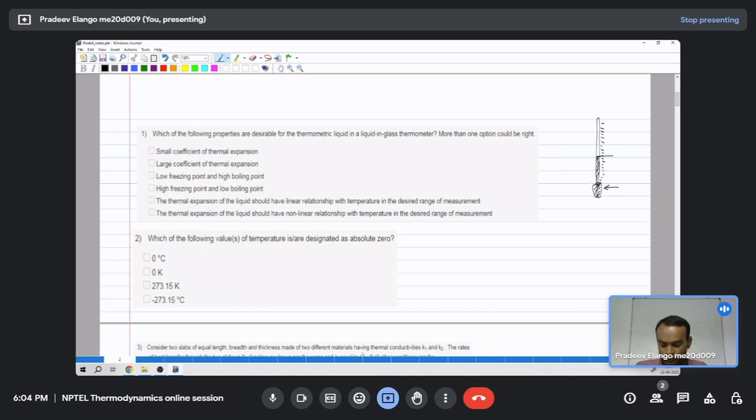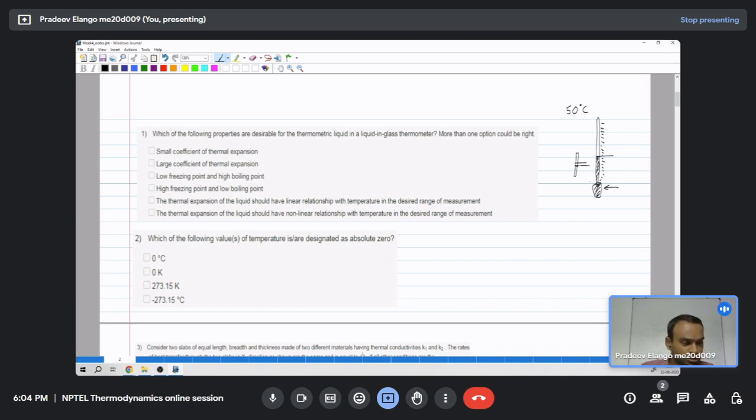Now if the coefficient of thermal expansion is very small, then even for a very high temperature rise the volumetric expansion will be low. Then for 50 degrees Celsius we would see only a very small rise in the liquid level, so that is not desirable.